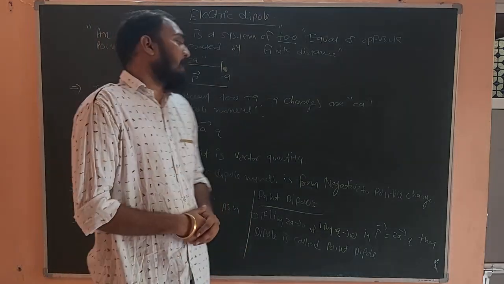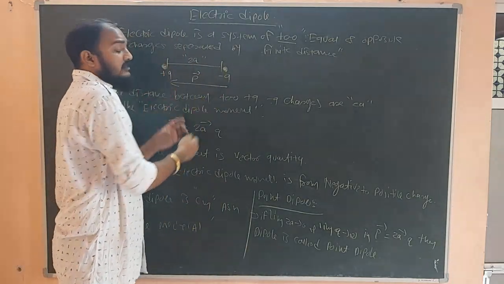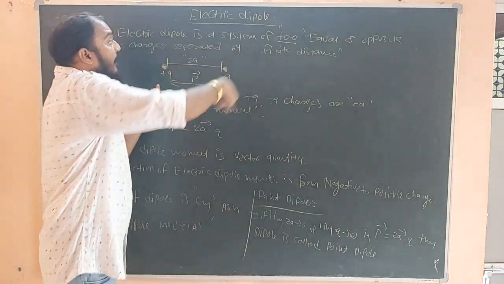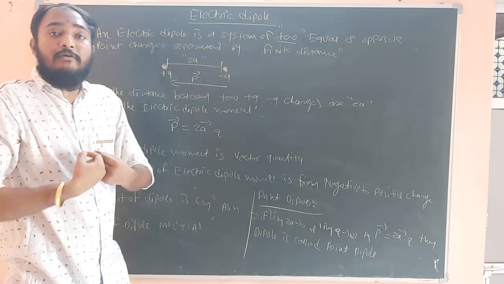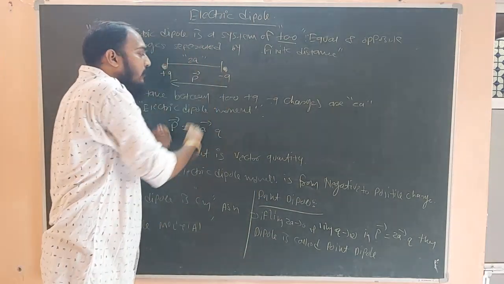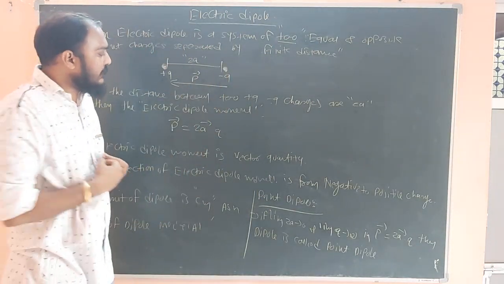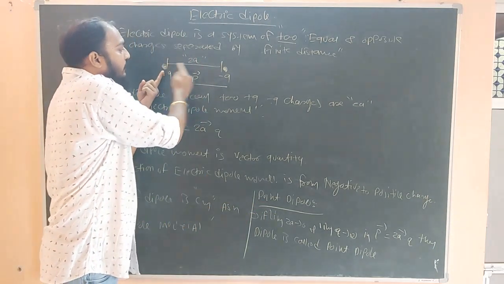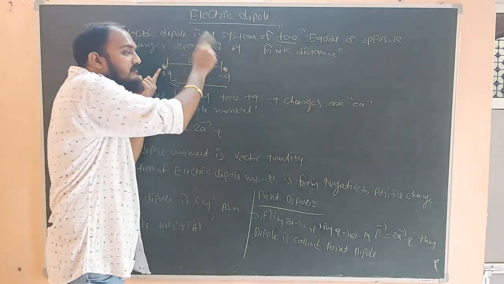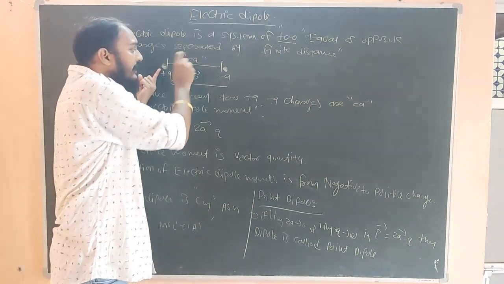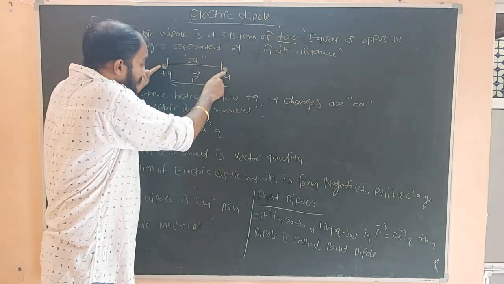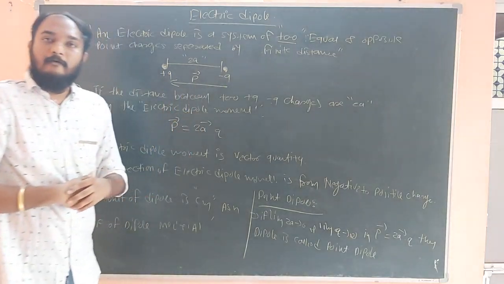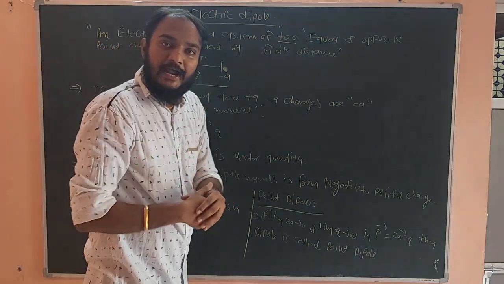Most of the time the distance between these charges is very small, and the point in this plane where we want to find the electric field due to this dipole is very far. That is why we take it as a point dipole. We are going to neglect this value. What we will only count is the distance of any point from this dipole. We will see that when we study electric field.